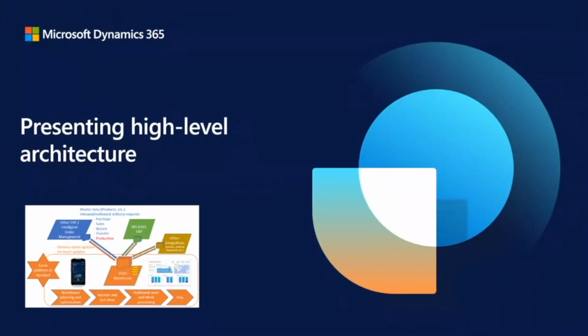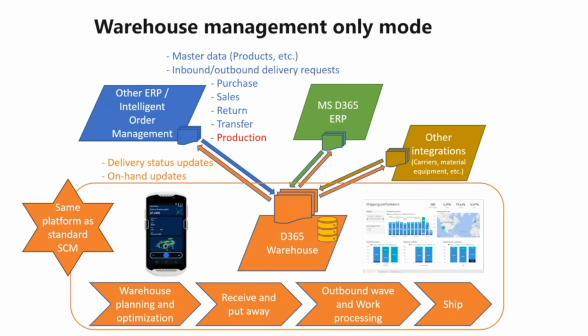So let me present the high-level architectural thoughts around the warehouse management only mode. The architectural concept you see here shows that we need, of course, some kind of ERP or intelligent order handling system, and then integrating this to our warehouse.